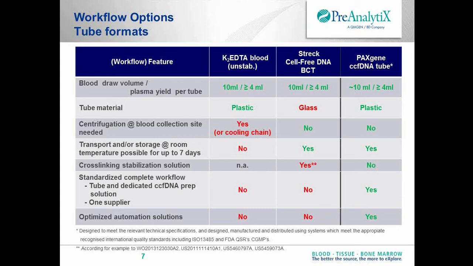In the first line, you see an important point if you are interested in cfDNA molecules that are very rare in your blood: you need a certain volume of blood and a certain volume of plasma to deal with.